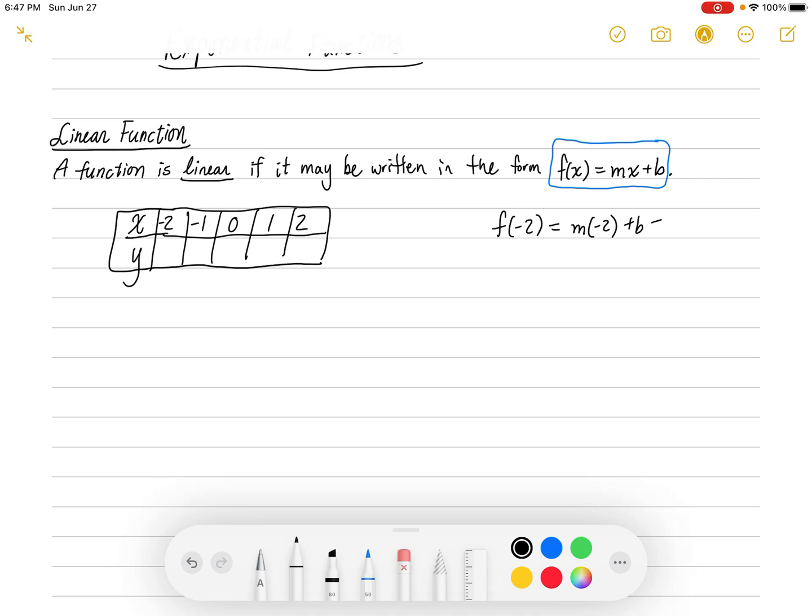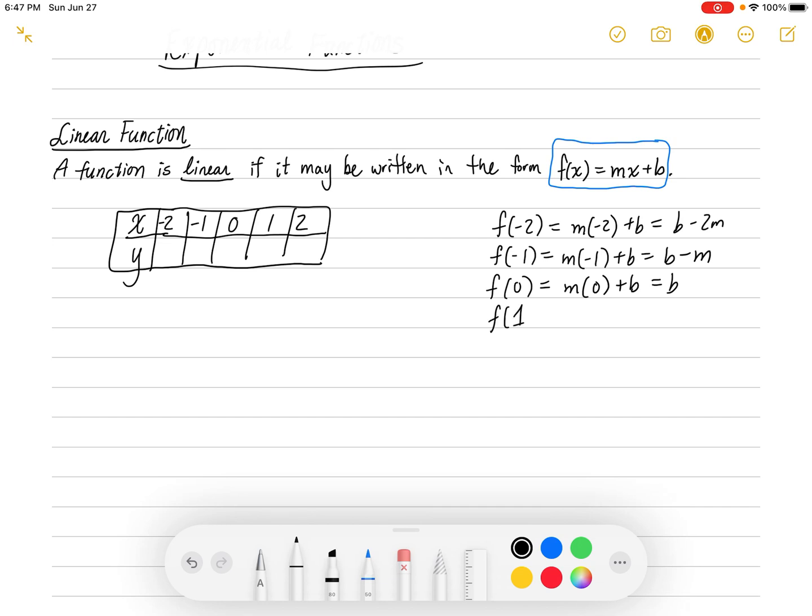And for my y values, think about plugging in, first of all, f of -2. Plugging -2 in for x, you'd have m times -2 plus b, that would be basically b minus 2m. And you can find f of -1: m times -1 plus b, in other words, b minus m.